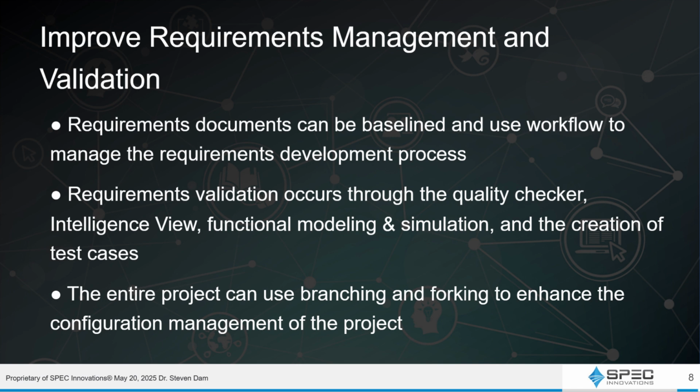Another place where you can do validation of requirements is using functional modeling and simulation. You take your functional requirements and put them into an action diagram or activity diagram from SysML, and then use the discrete event Monte Carlo simulators to verify that they work. And so, at least if nothing else, that's done.